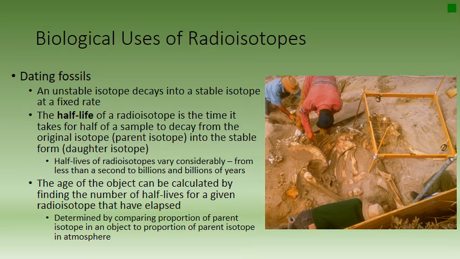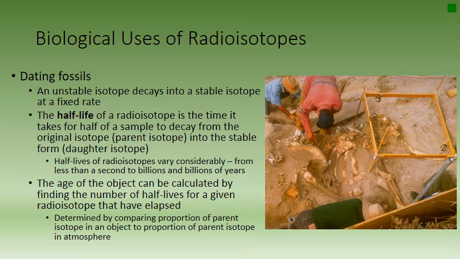This fixed rate is called the half-life. And the half-life of any radioisotope is the time it takes for half of the sample to decay or decompose from the original isotope, called the parent, into a stable isotope of another element, the daughter isotope.